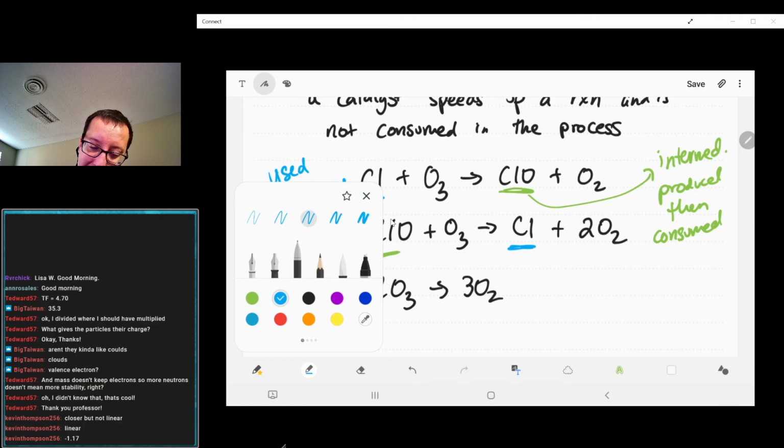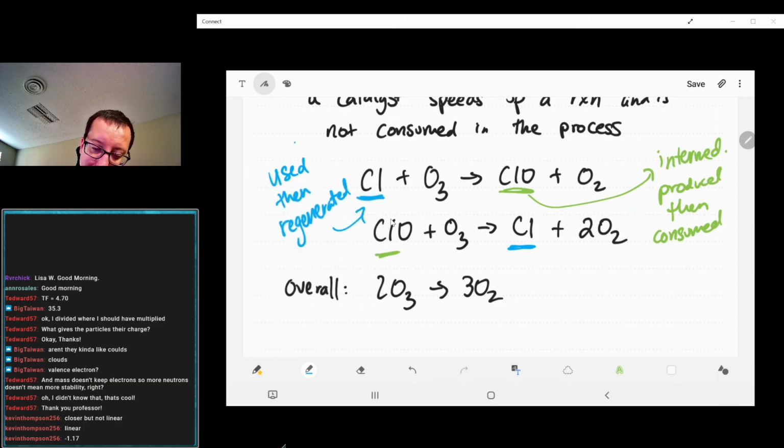A catalyst is going to be used and then regenerated, whereas an intermediate is produced and then it's used up. So neither of them will show up in your overall reaction. Neither intermediates nor catalysts show up in your overall reaction, but they are there in certain steps, and they function in different ways.